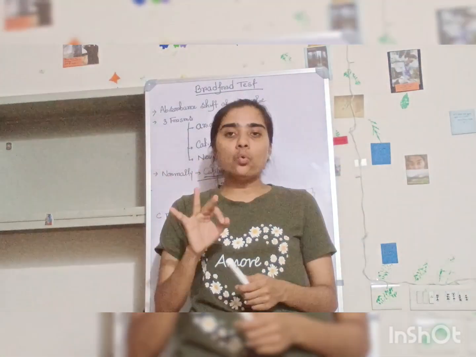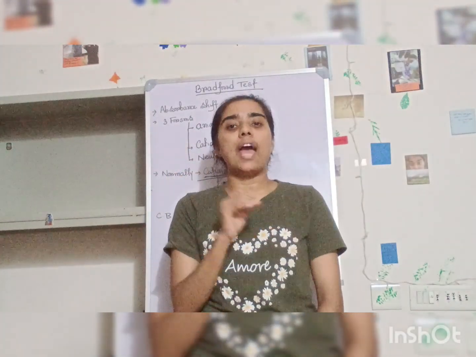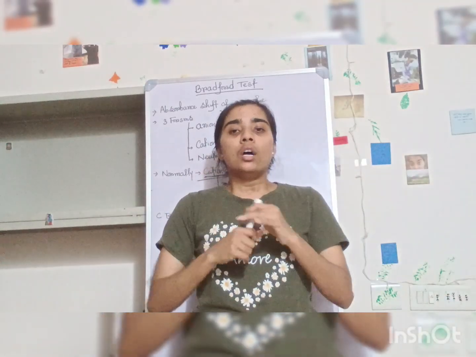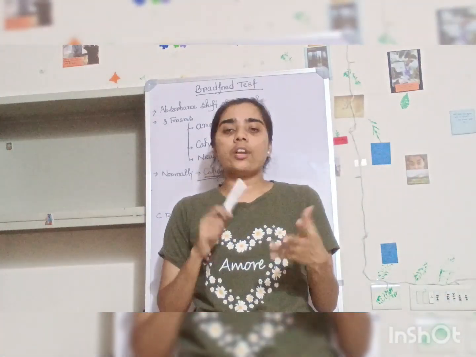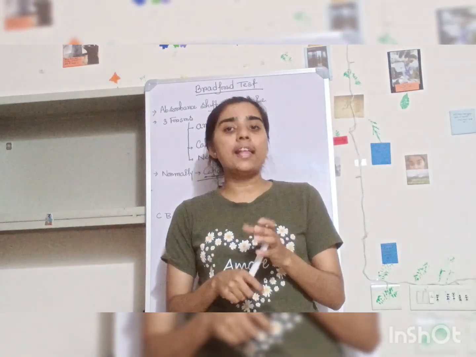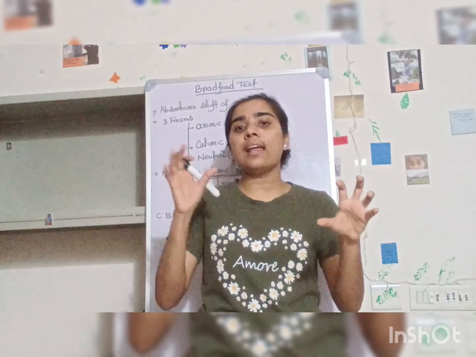There are two functional groups: one is the carboxylic group and one is the amino group. We all know that in the amino acid and in the peptide chain, the protein has these two functional groups. This brilliant blue can interact with the carboxylic and amino groups.